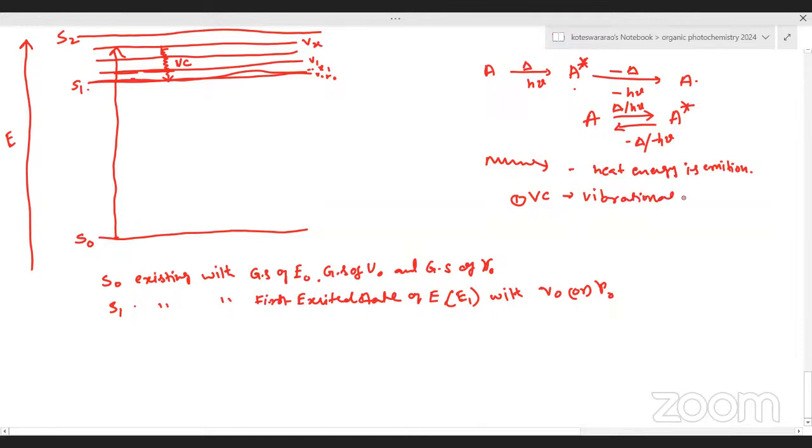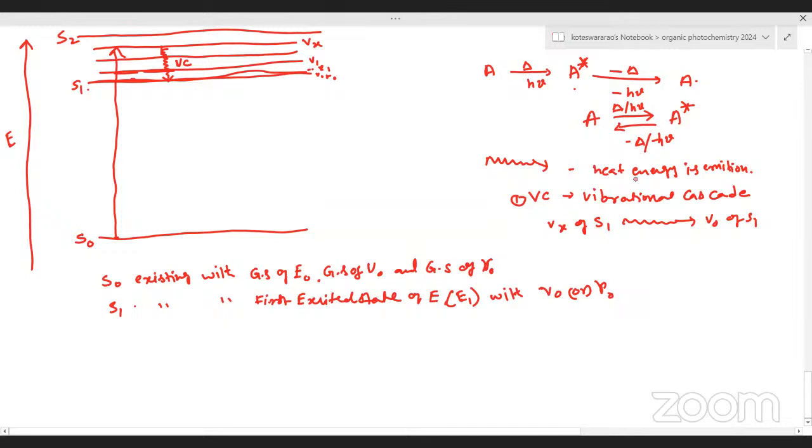What happens here? Some Vx state of S1 will be deactivated to some V0 state of S1. This is vibrational cascade.